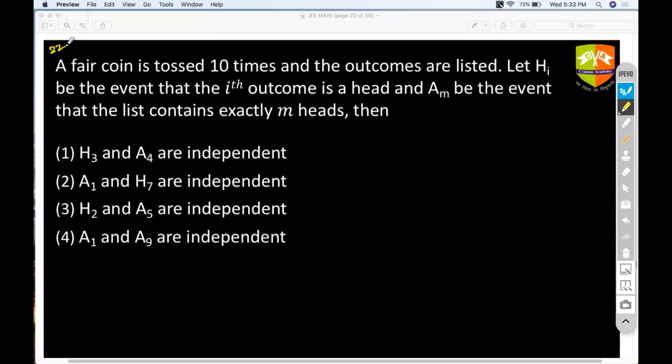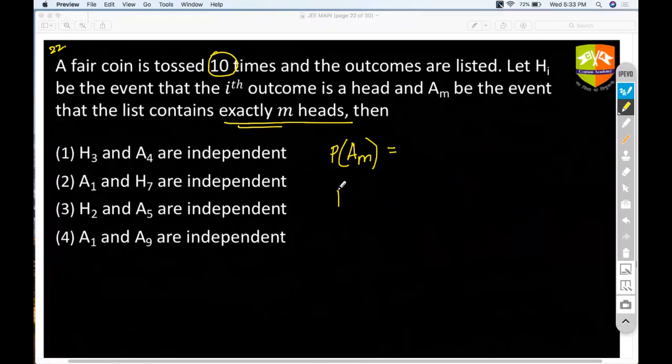See, if you read this question, a coin is tossed 10 times and the outcomes are listed. HI be the event that ith outcome is a head. And AM be the event that the list contains exactly M heads. So when you toss a coin 10 times, you get exactly M heads in that. That is your AM.